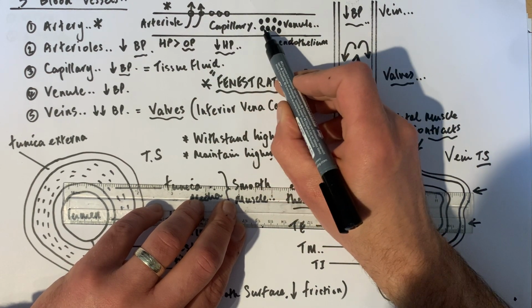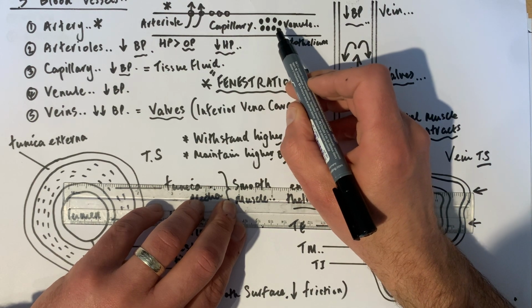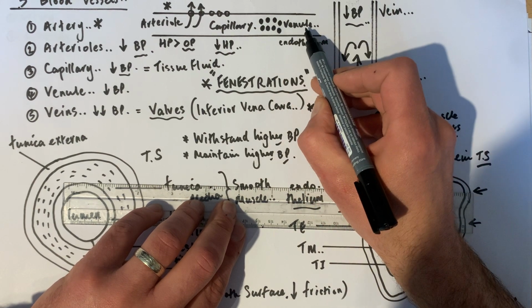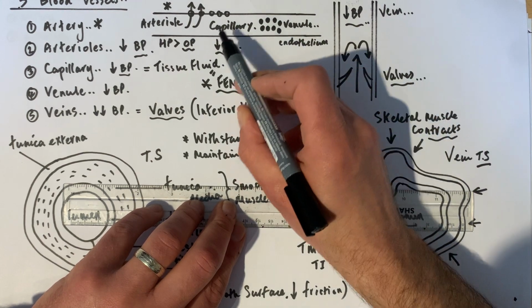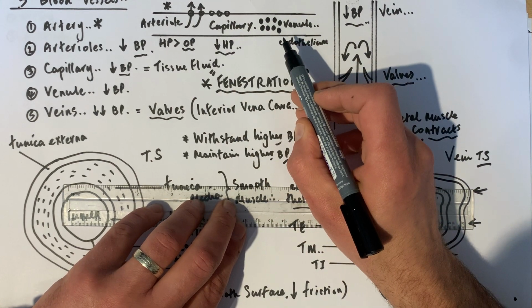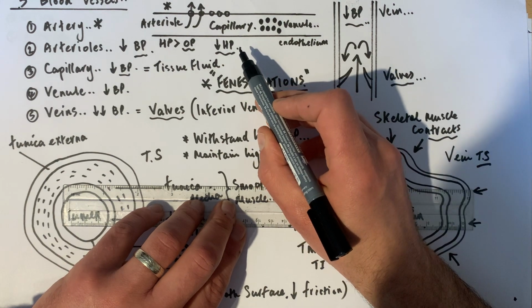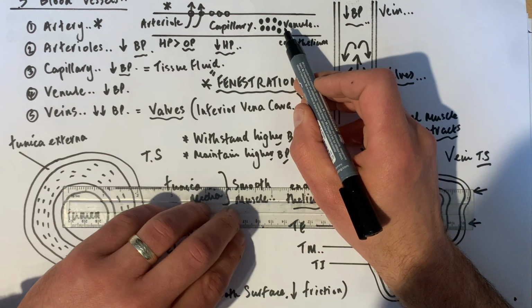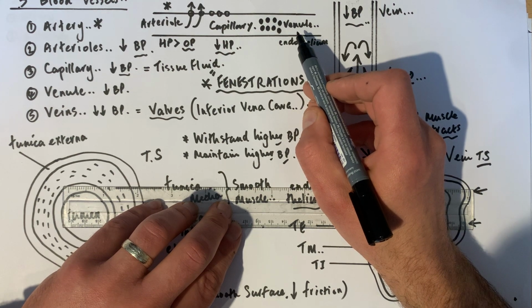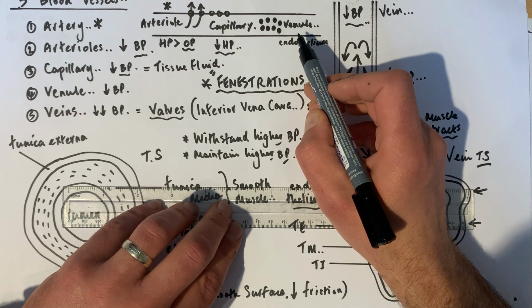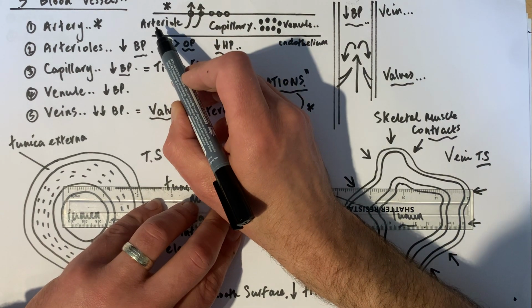Now, because there's less fluid, there's relatively a higher concentration of plasma proteins at the venule end of the capillary, because there's the same number of plasma proteins as they could not escape through the capillary wall. But the smaller volume of fluid means their relative concentration is actually higher. So at the venule end, there's actually a more negative water potential value in the blood plasma compared to the arterial end.